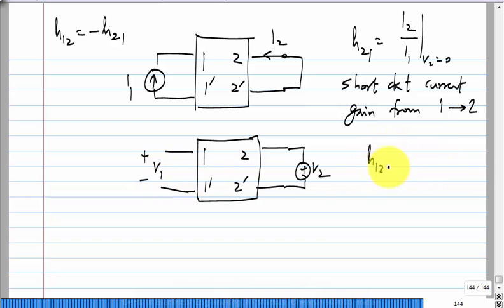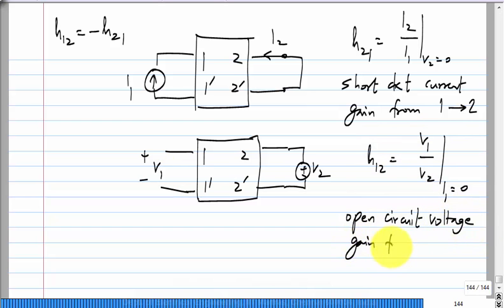Okay. And these two will be equal to each other with a change of sign.